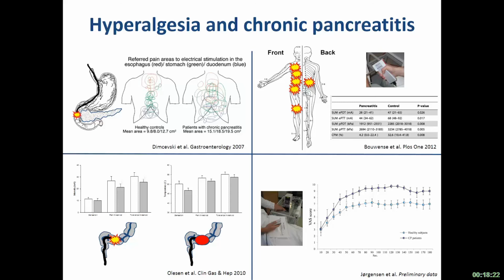And even the most simple test we have done so far is asking the patients to immerse their hand into ice-cold water and then rate their evoked pain responses. And again, you can see in the lower left corner that they react with a much more exaggerated pain response compared to controls. So this is a test we call the cold pressor test, which can be used maybe at the bedside of the patient to see if there is any evidence or signs of hyperalgesia.